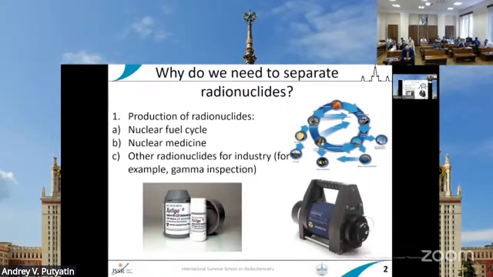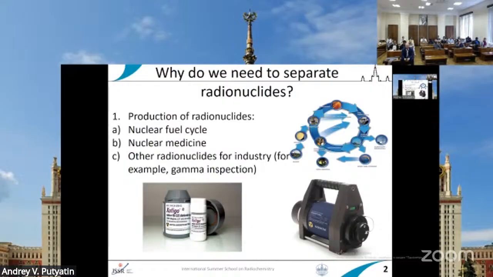In radiochemistry, we can say that in general, there are some branches where we need to separate radionuclides. First is radiochemical technologies of the nuclear fuel cycle, where in the back end we need to separate actinides from spent nuclear fuel and manage high-level waste.